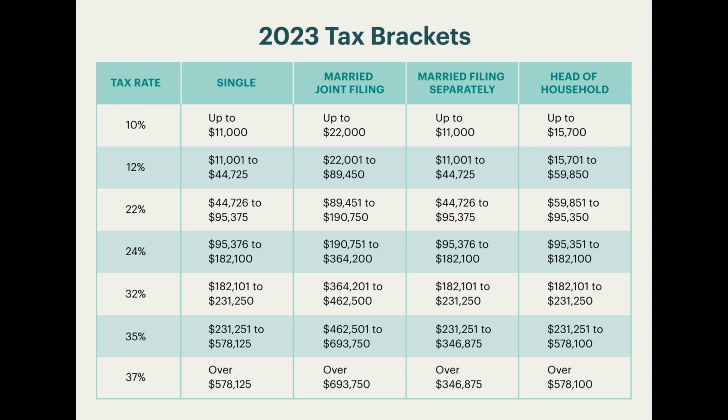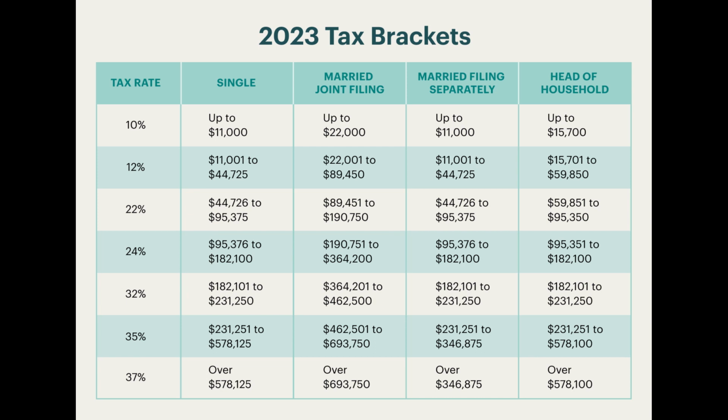Looking at this tax bracket, you'll notice that on the top is your filing status, and that ranges from single filers, married filing jointly, qualifying surviving spouse, married filing separately, and head of household. On the left side of the column is your tax rate, but your tax rate is based on the salary, based on each filing status.